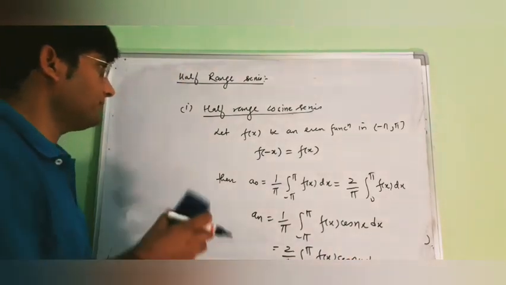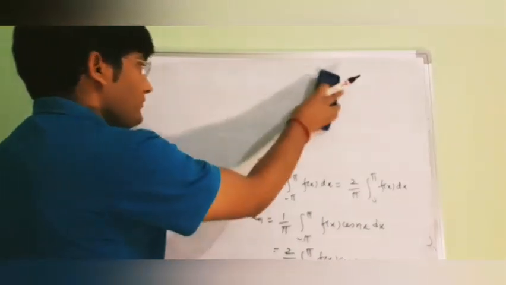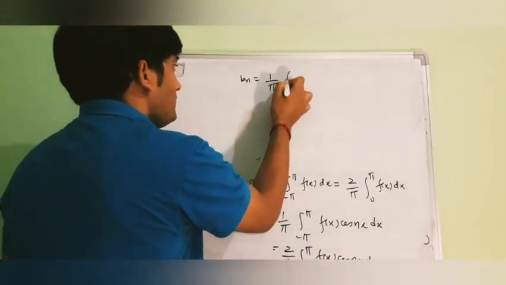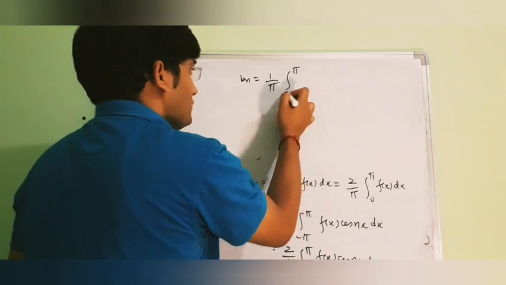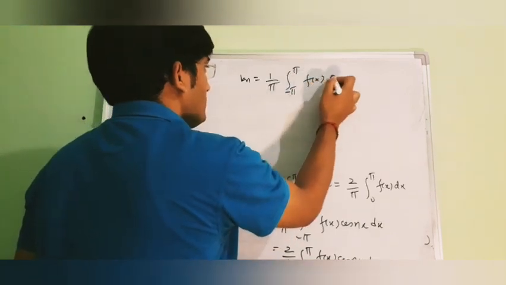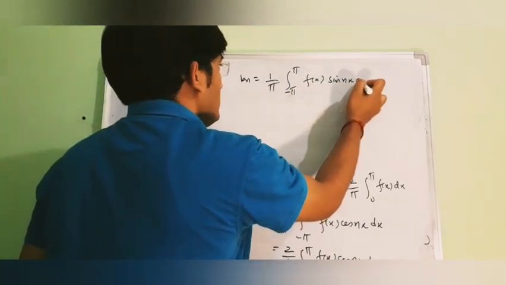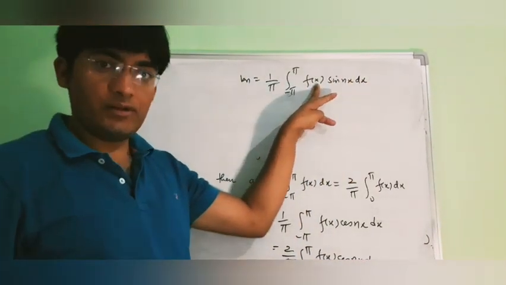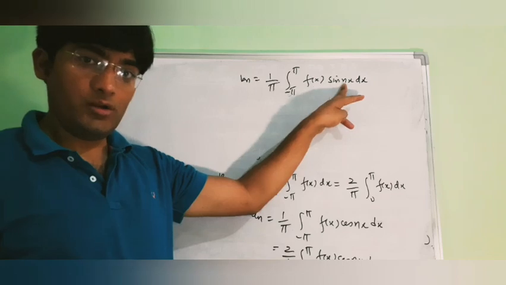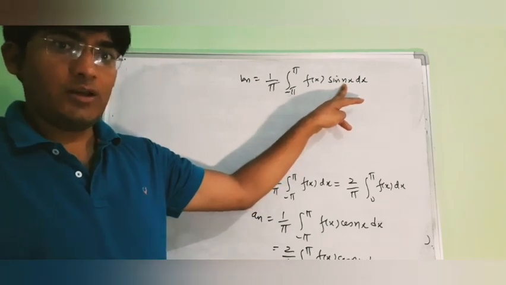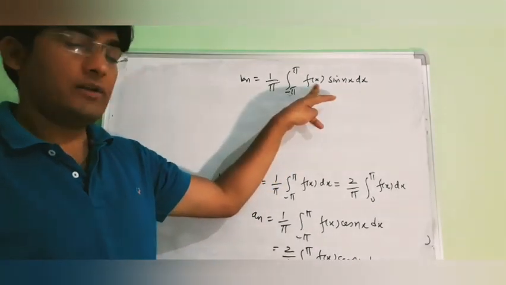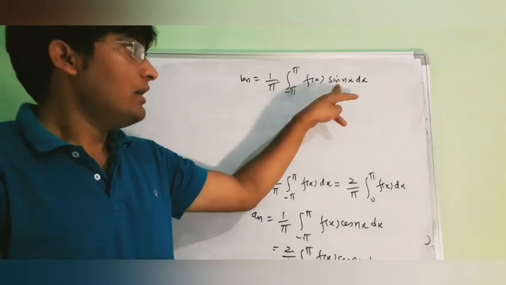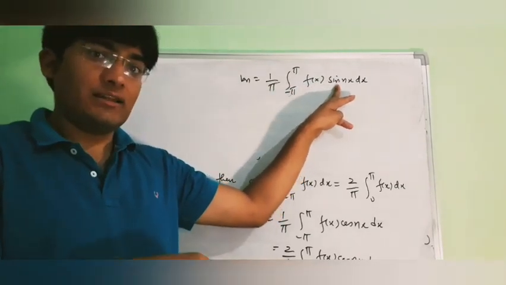Now bn. Here we are assuming that the function is even. So bn will be 1 by pi integral from minus pi to pi f(x) sin nx dx. Now here you can see that f(x) is even, sin nx is odd, so their product will be odd, because if you replace x by minus x, then you will get plus f(x) because the function is even, and sin minus theta is minus sin theta.